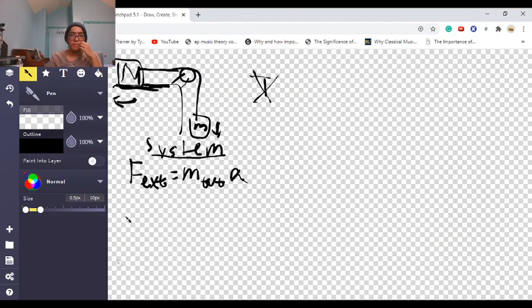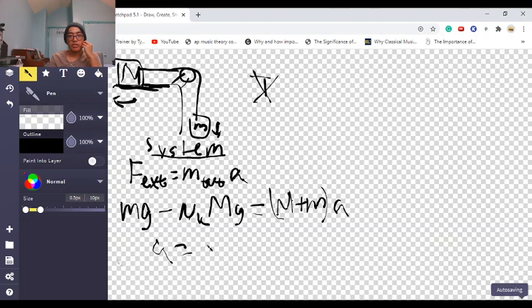And because of that, the external force is the weight of little m, which is mg, minus, because remember, friction is resisting the motion, mu subscript k, the kinetic coefficient of friction, times mg, which would equal the total mass, so M plus m, times A. Get A alone, and look at that.